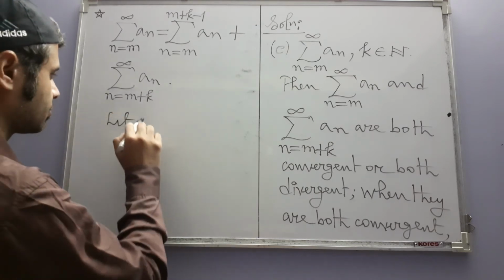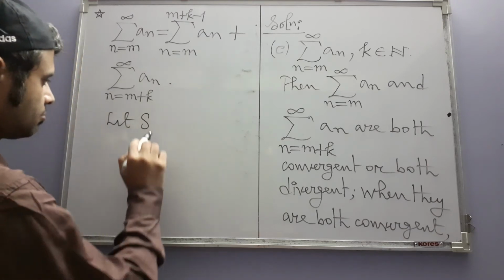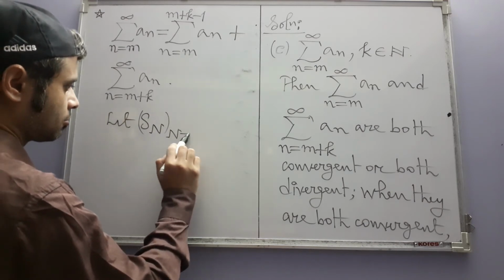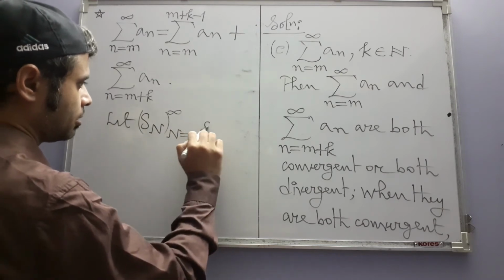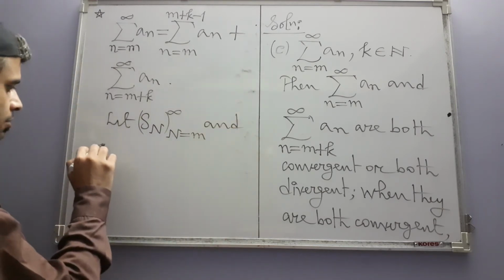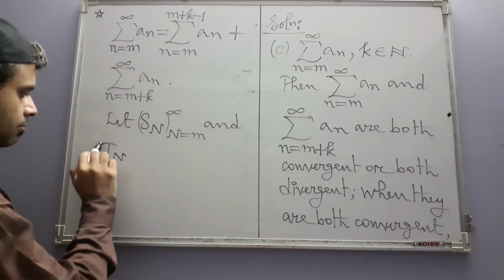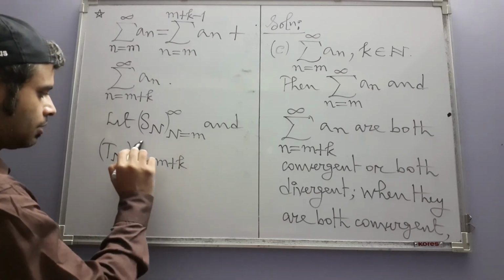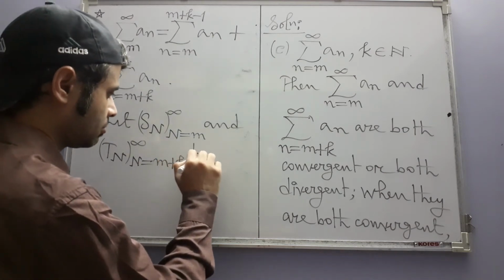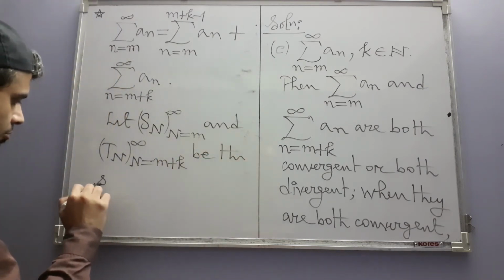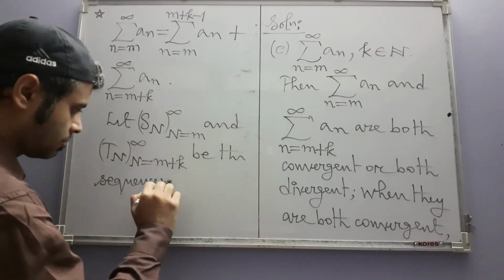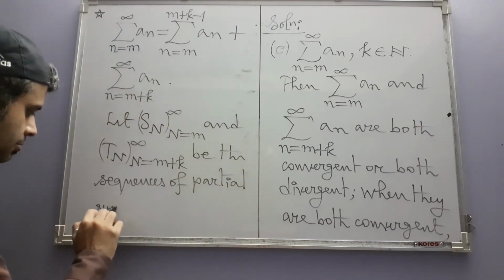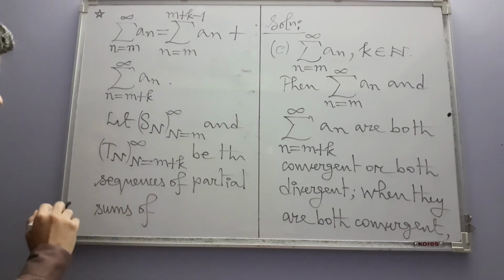Let Sn and Tn, n varies from m plus k to infinity, be the sequences of partial sums of these two series.